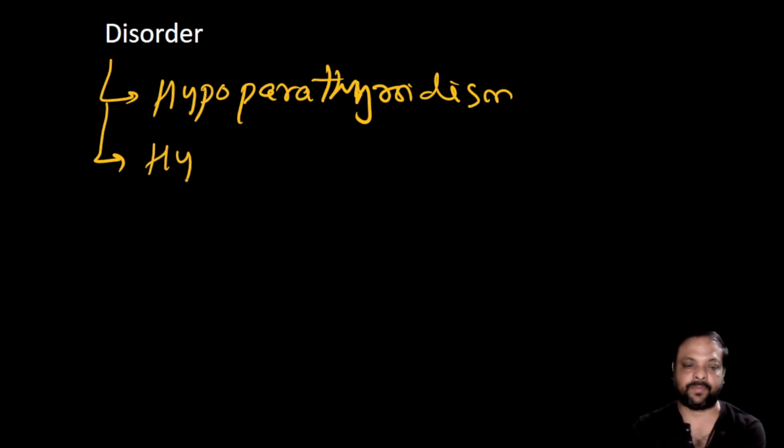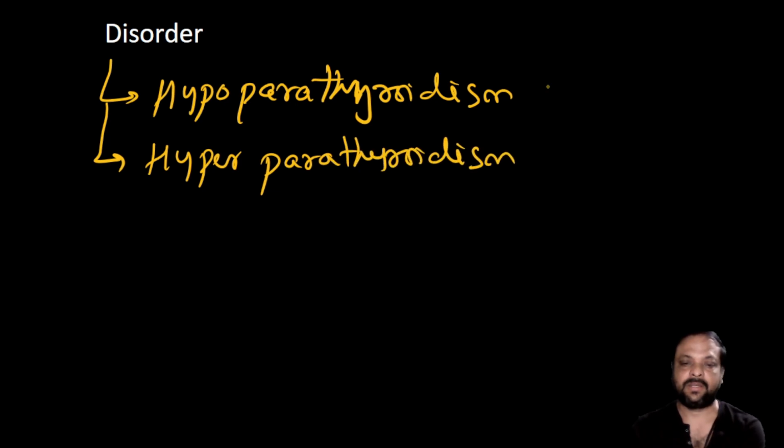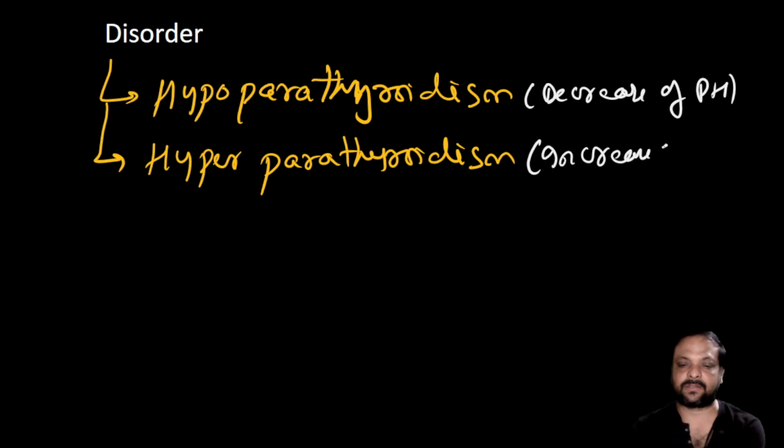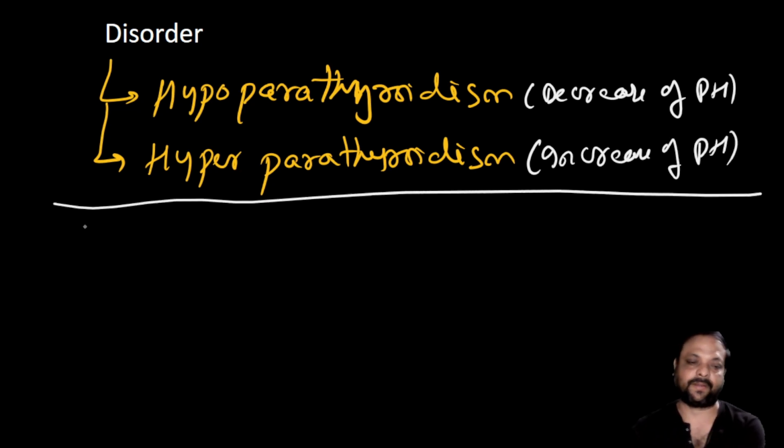Another one is called hyperparathyroidism. Got it? Hypo means a decrease of parathormone, and hyper means an increase of parathormone. Okay, let's discuss one by one.